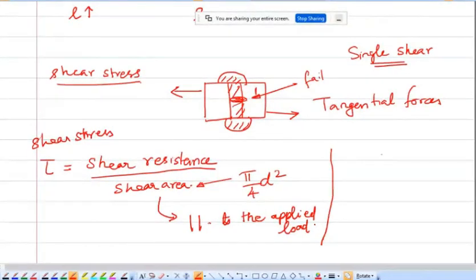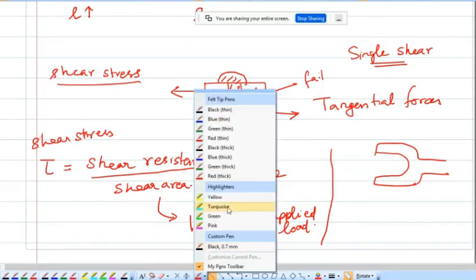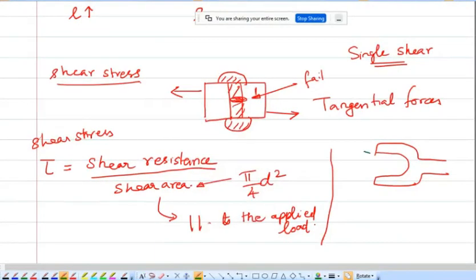You may have double shear also. Consider a member like this, and another member is here. So these two members are connected by a rivet.